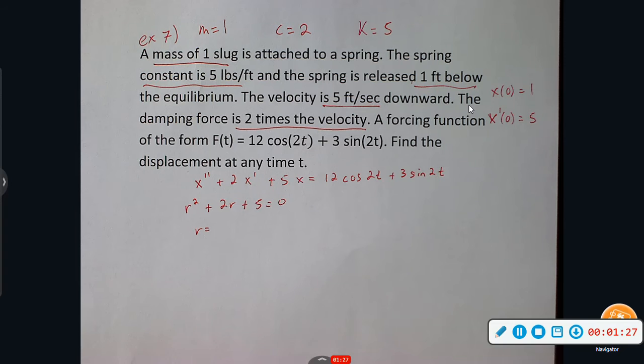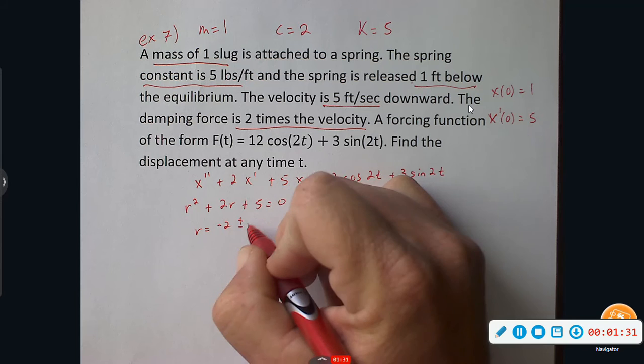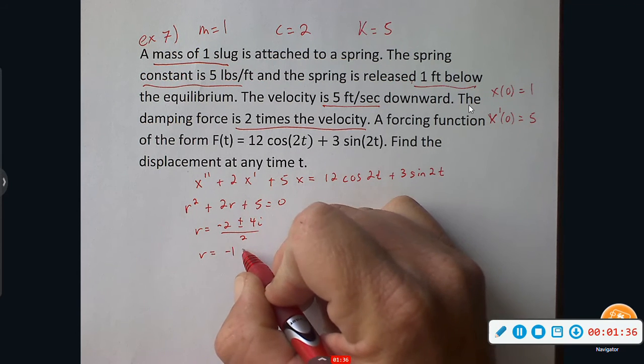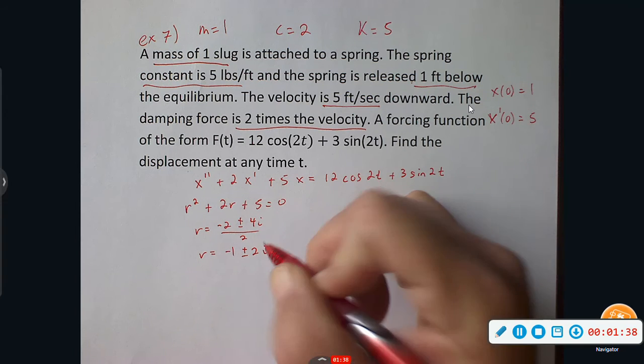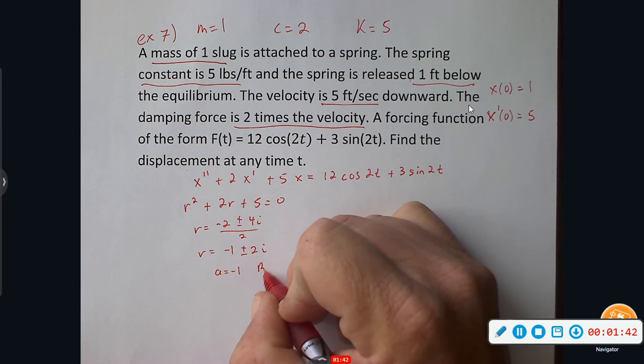It's going to end up working out to be -2 plus or minus 4i over 2, r equals -1 plus or minus 2i. You can verify that on your own. That means a is -1 and b is 2.